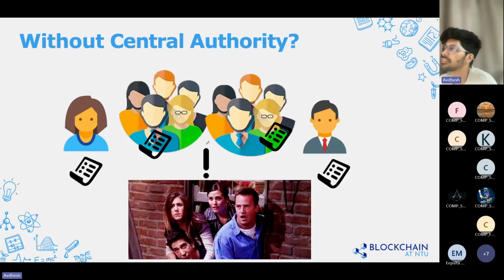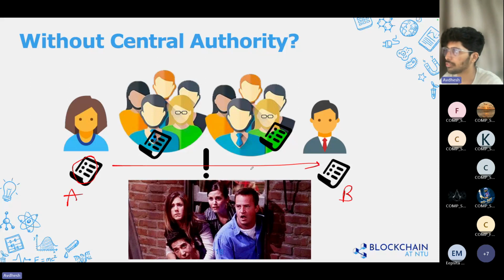So how can we do this without a central authority? How are we going to manage all the transactions and the ledgers? As I said in the previous lecture slide during the introduction, building a ledger for Alice and Bob themselves is a very straightforward transaction. But when it comes to a group of people, or a database of millions of people, how are you going to do everything?